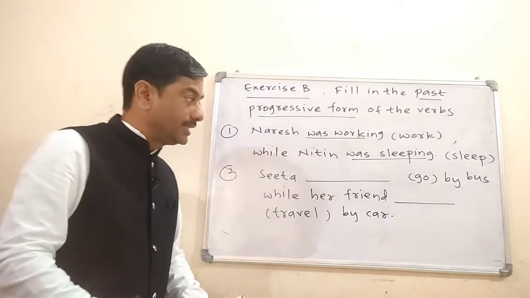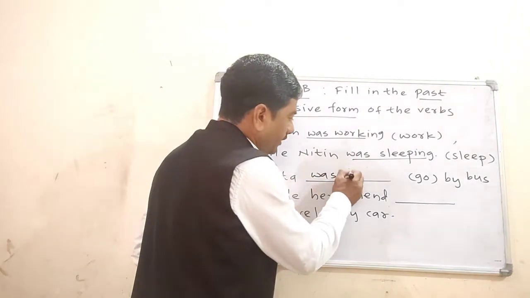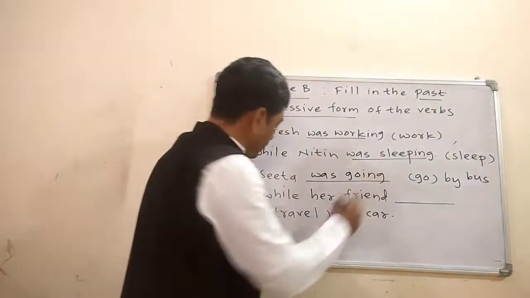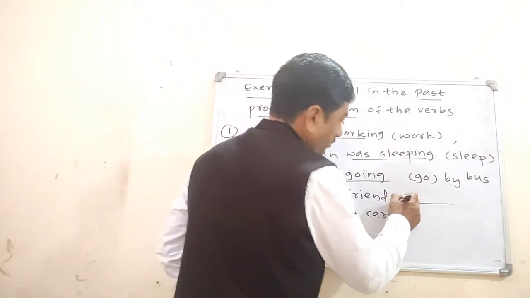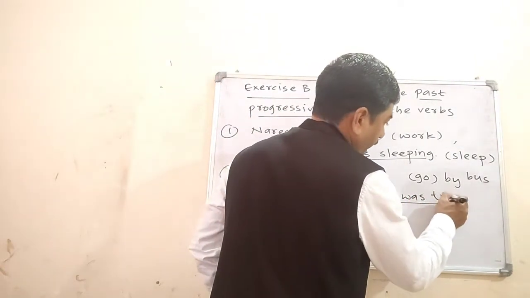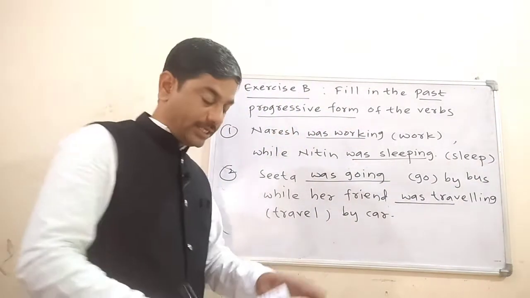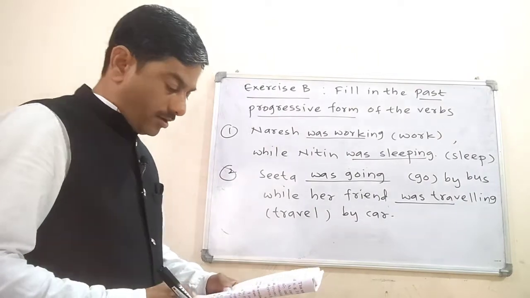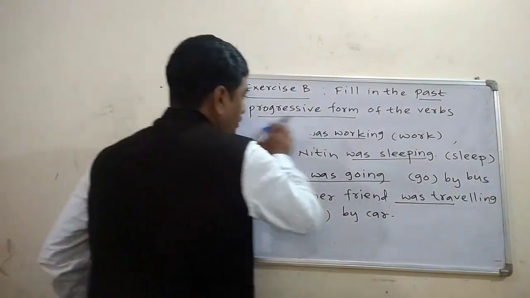So what will come here? Sita was going by bus, while her friend was traveling by car. One more sentence is there. We will study that sentence.